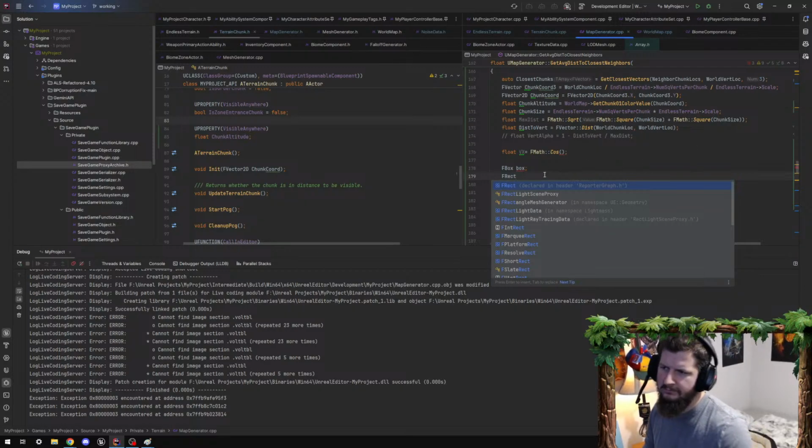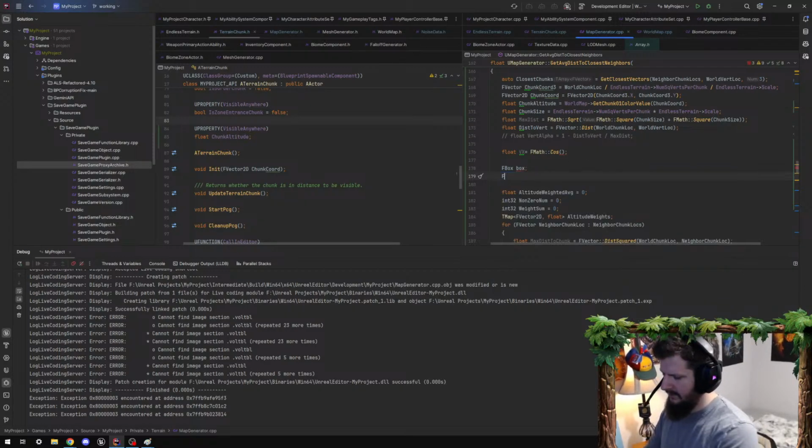Vector bounded to box. What is that function a part of?